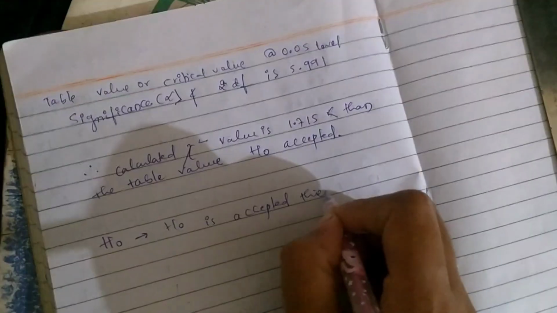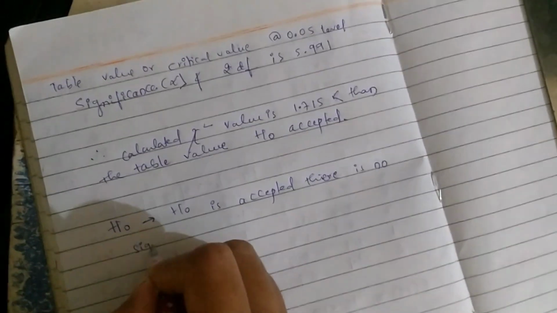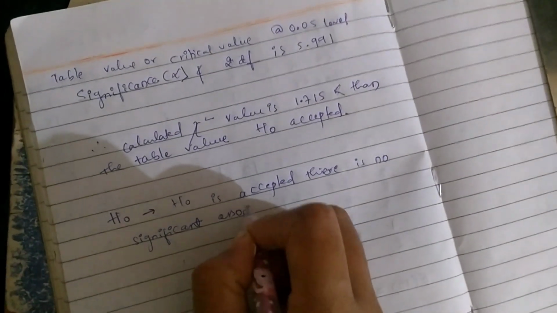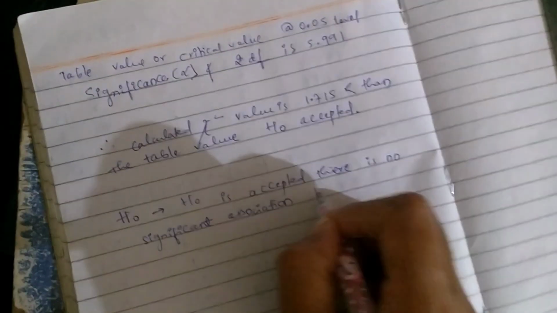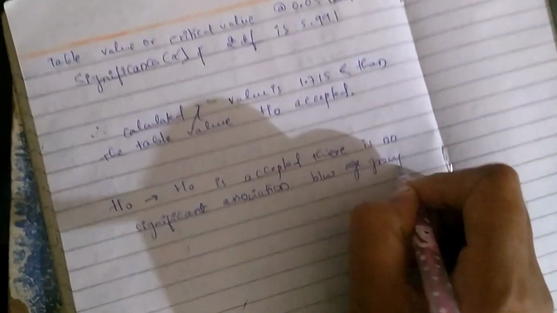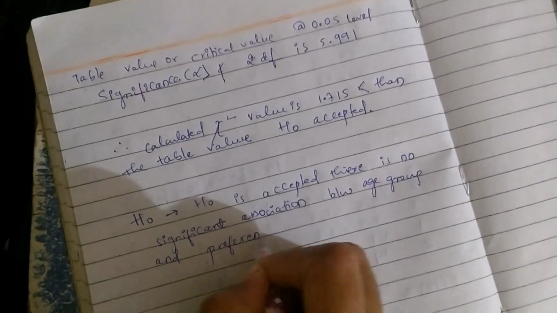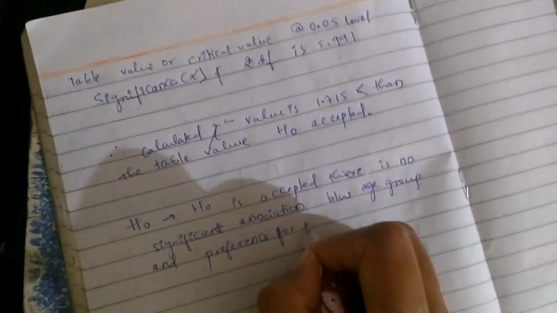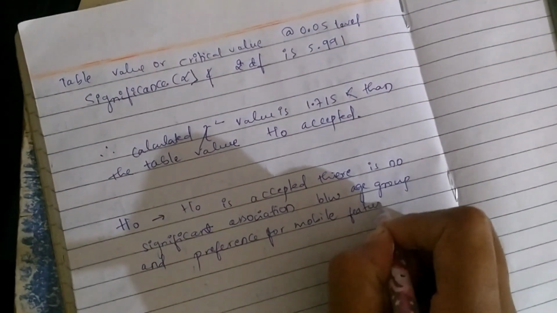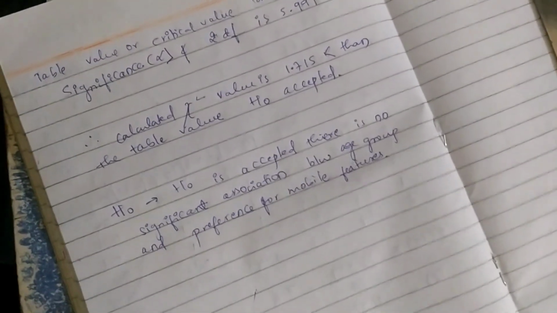There is no significant association between age group and preference for mobile features, or commonly you can call them features A and B. Like this we have to do it.